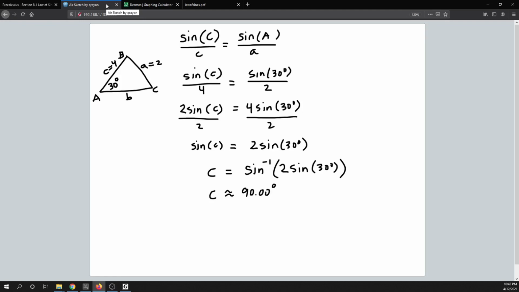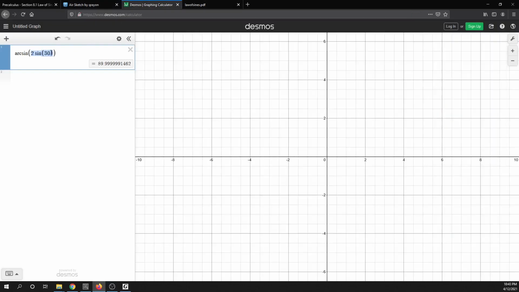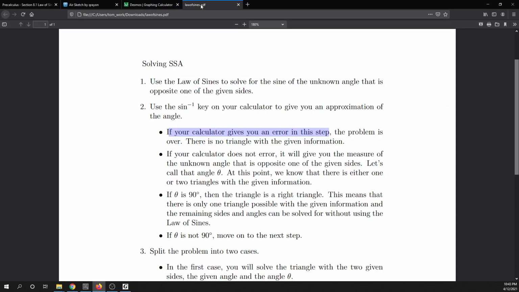If we did it exact, which is a little bit better, we would get 2 times a half, because sine of 30 degrees is one of the special angles, and 2 times a half equals 1. If we did arc sine of 1, we would get exactly 90 degrees. If you go back to our law of sines handout, we've done step 1.